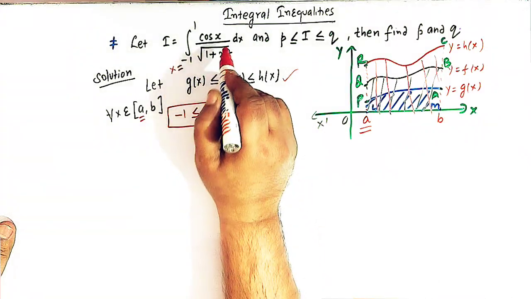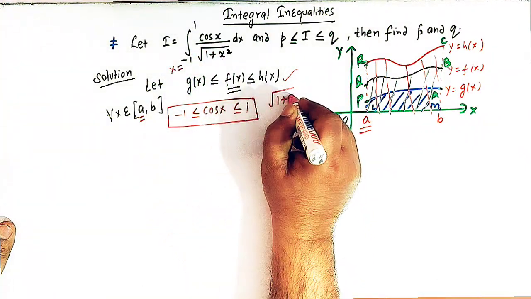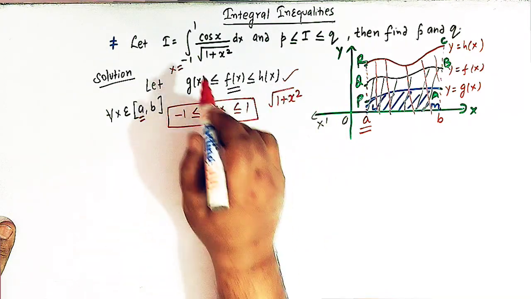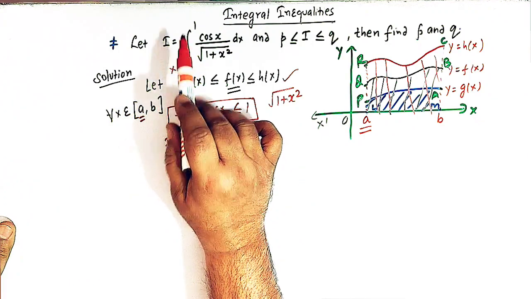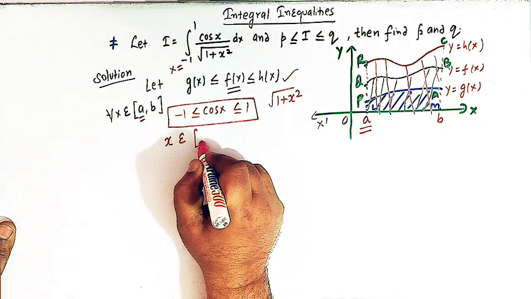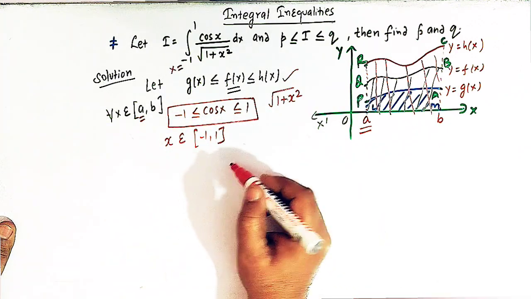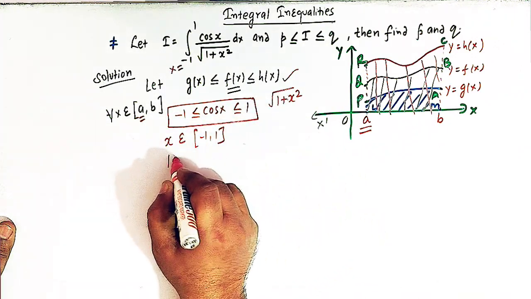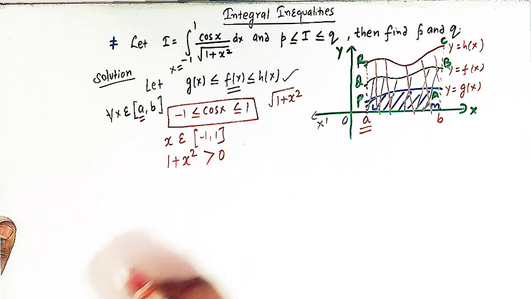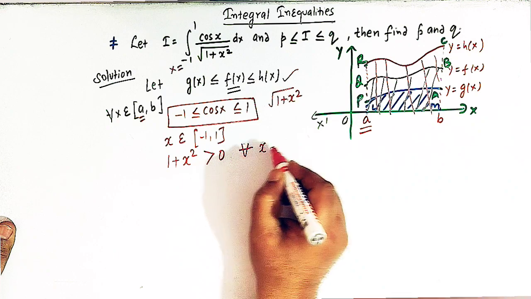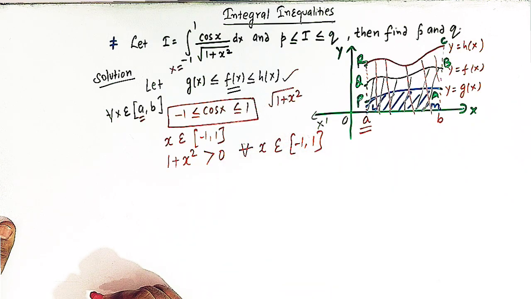So now let us take this function, that is square root of 1 plus x square, right? Now see, the limit of integration varies from -1 to 1, so our x belongs to -1 and 1, and we can easily see that the expression 1 plus x square is always greater than 0 for all values of x belonging to the interval minus 1 to 1, right?